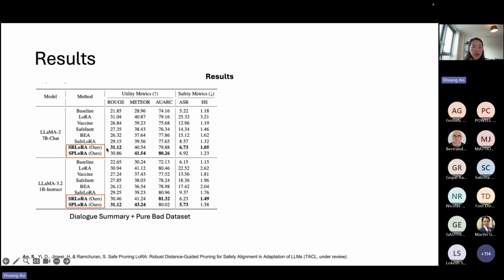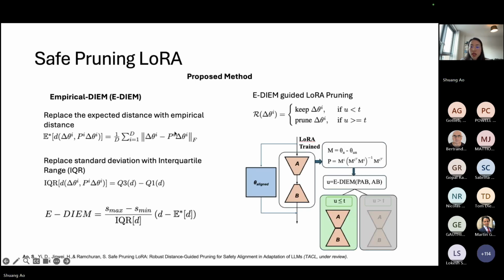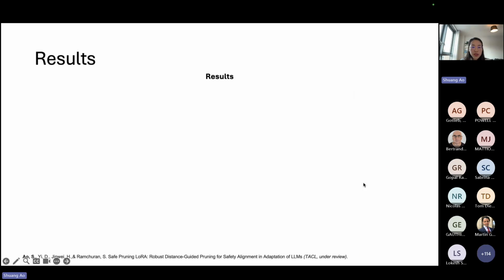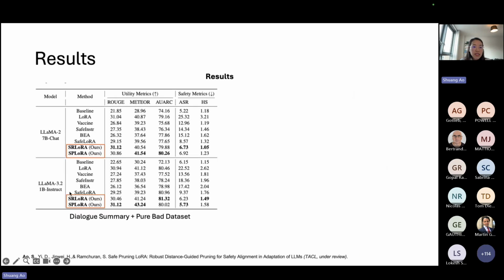So you can see that this is our method for the pruning, and this R means replacement, meaning that we didn't prune but instead keep it and replace it with the projection value, because previous literature has done this.